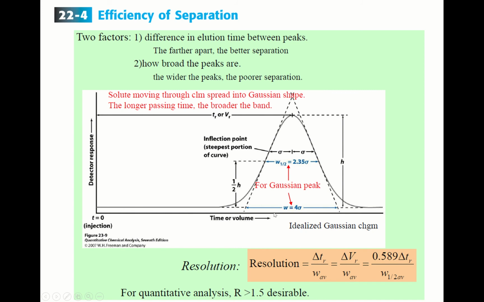After the shorter column, the peak is a Gaussian curve, but it will be sharp. But after passing the longer column, the peak will be broadened, although the area is the same. This area is proportional to the solute amount.